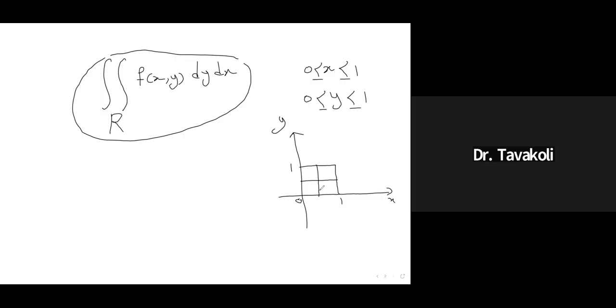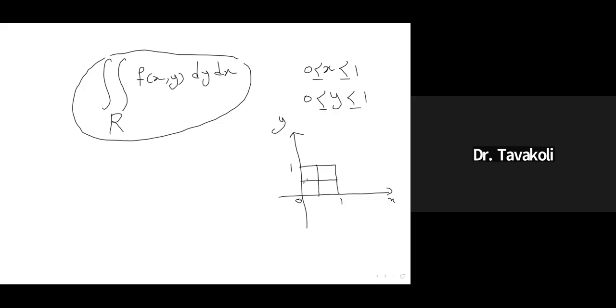If I make more and more partitions, we get better and better approximation, and the limit of all of these will be equal to the actual value of the integral. But let me go with this 4 square partition of the region.